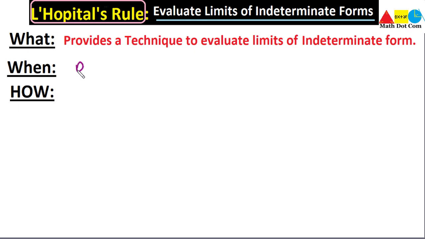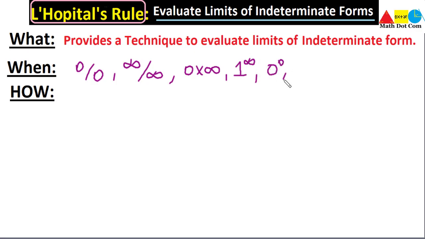It could be 0 divided by 0, infinity divided by infinity, 0 multiplied by infinity, or 1 raised to power infinity, or 0 raised to power 0, or infinity raised to power 0, or infinity minus infinity, etc. There are some other indeterminate forms, but these are the most common forms that we come across while evaluating limits of functions. So when you come across such indeterminate forms after evaluating the limit of a function, then you have to apply this rule.